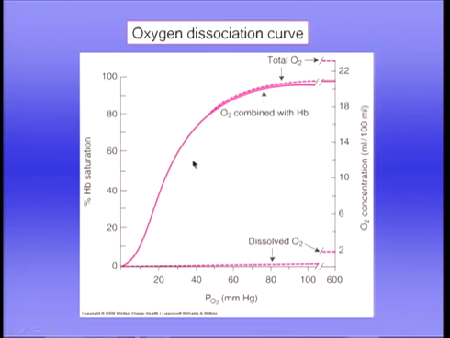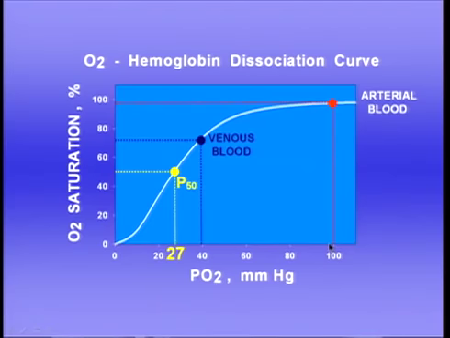So that's also advantageous. Now let's go to the next slide, which shows the anchor points of the oxygen dissociation curve. And there are three that I like to remember. They're not difficult to remember. One is that in arterial blood with a PO2 of 100, we have an oxygen saturation very nearly 100%.